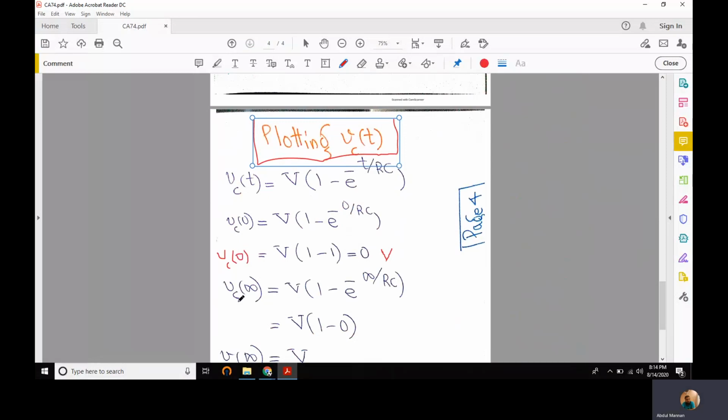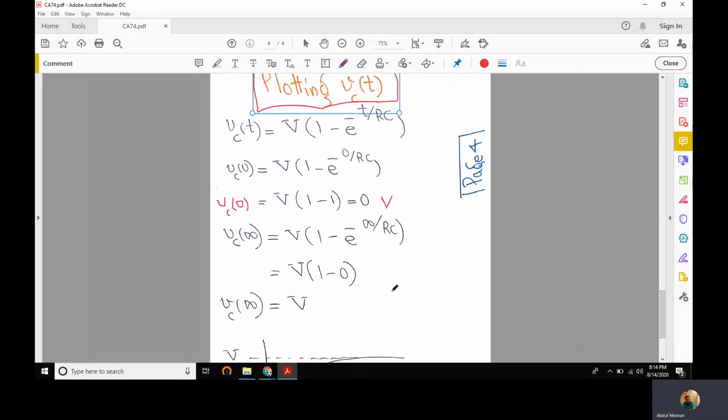And what happens to the voltage drop across it for time t is equal to infinity? This is v times 1 minus e to the minus infinity. Instead of t, we put infinity, and e to the minus infinity is a 0. How? e to the minus infinity is 1 over e to the infinity, and anything raised to the power infinity is an infinity. So this is 1 over infinity, and 1 over infinity is a 0.